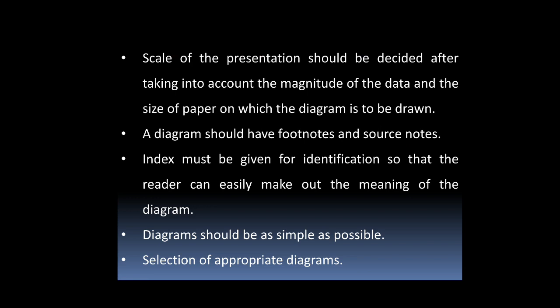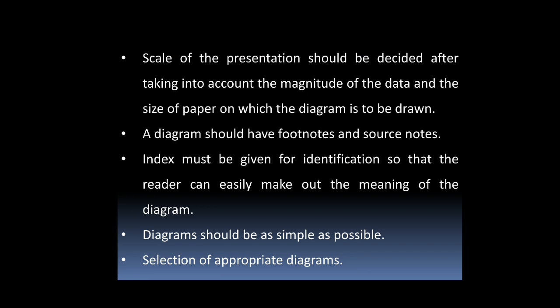Furthermore, diagrams should be as simple as possible so that the reader can understand their meaning clearly and easily. For the sake of simplicity, it is important that too much information should not be loaded in a single diagram. Otherwise, it may become too confusing and prove worthless.